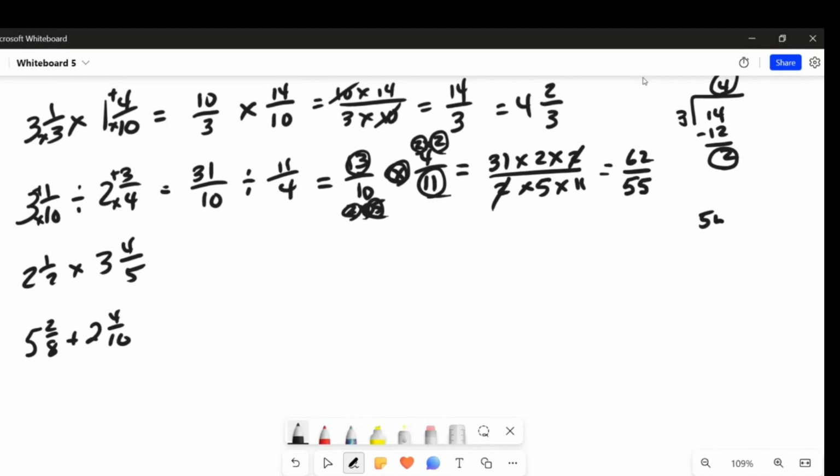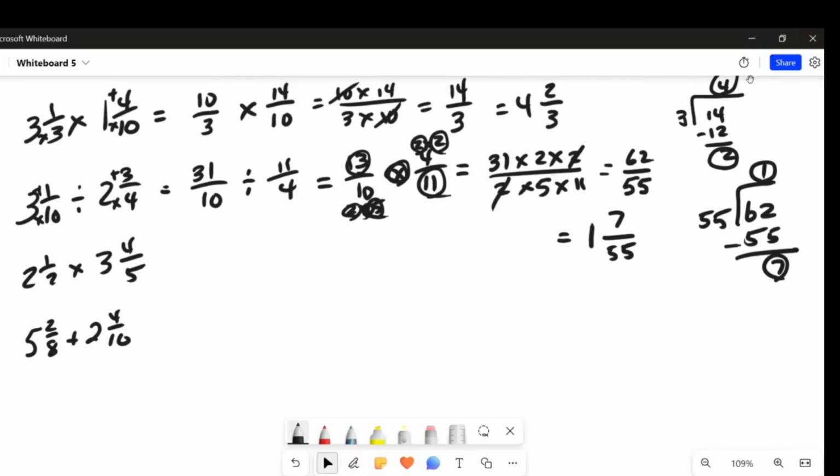So I need to take 55 and divide it into 62. It will go once. And so we get 7. So this is 1 with a remainder of 7 55ths. Let's see, that looks better.